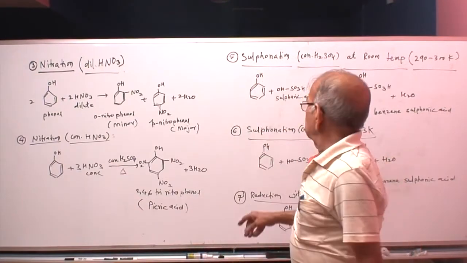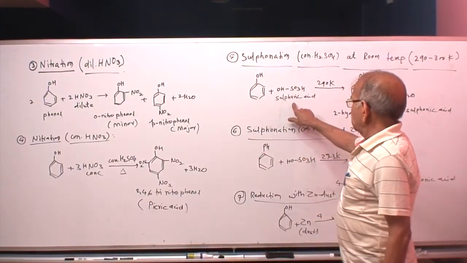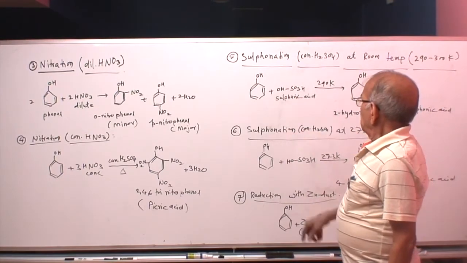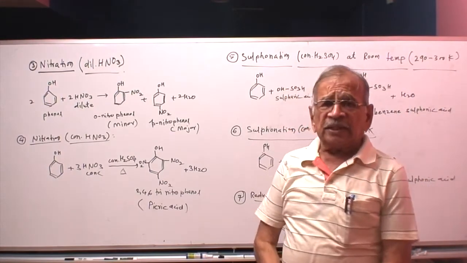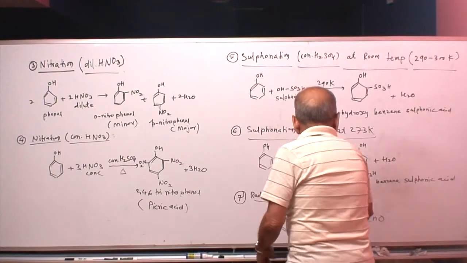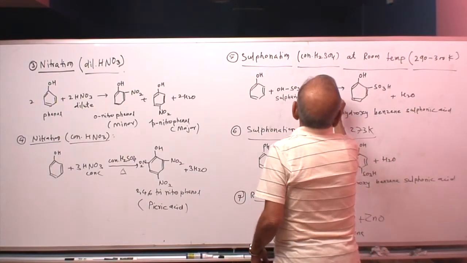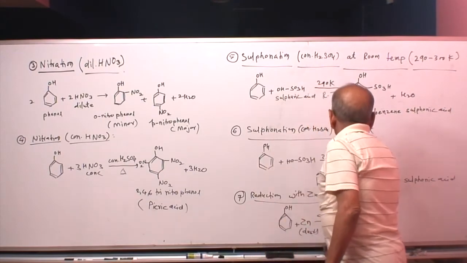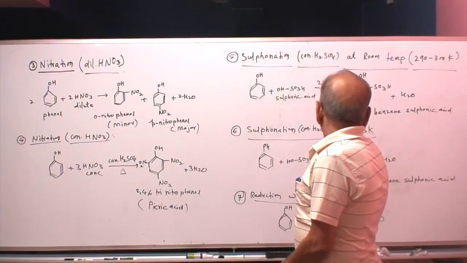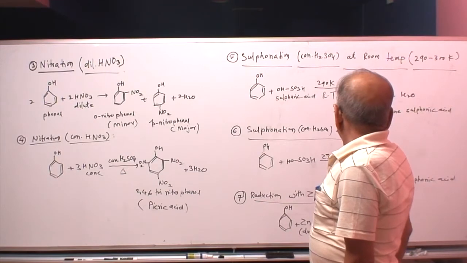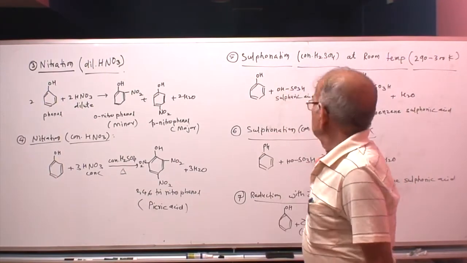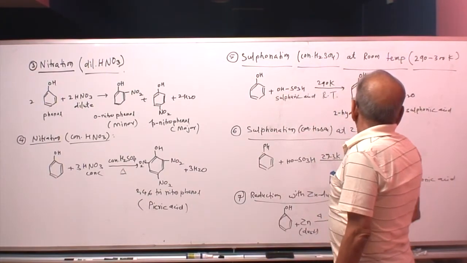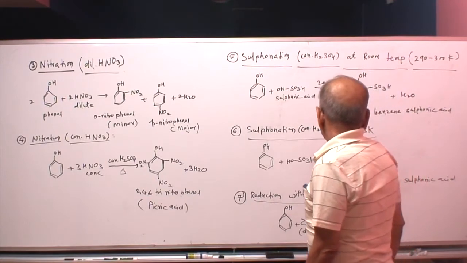On sulfonation with concentrated sulfuric acid at 290 K, that is room temperature, we get ortho product, that is 2-hydroxy benzene sulfonic acid.